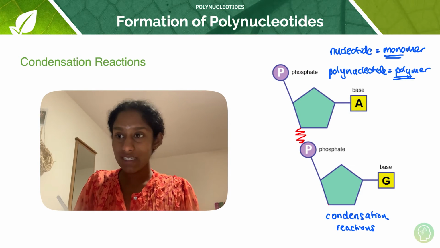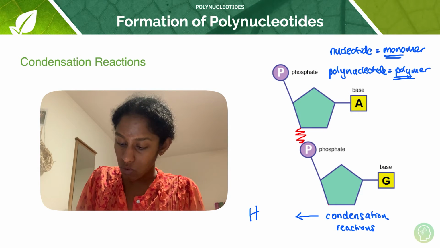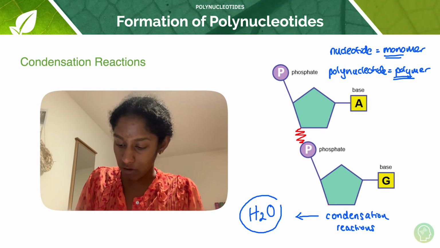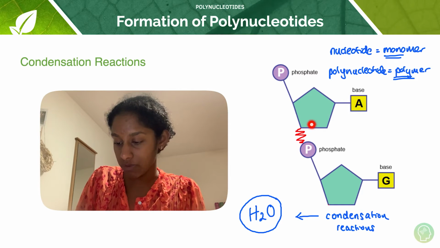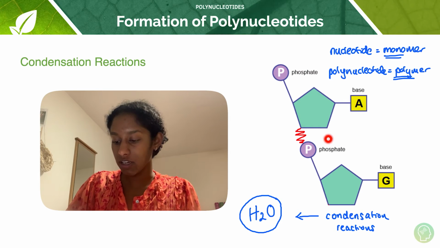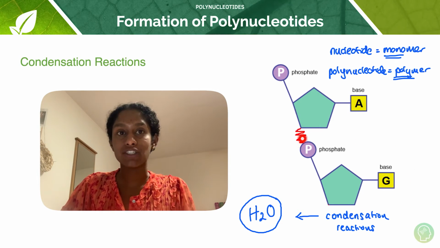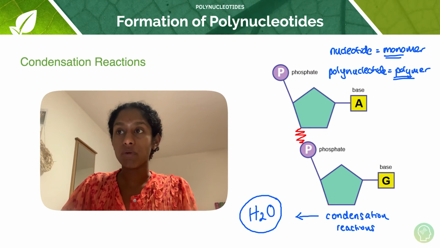Now remember, in a condensation reaction, water is always released as a byproduct as we form this new bond. So this is one nucleotide and this is our second nucleotide, and we're joining it together here by this condensation reaction to form a new bond.